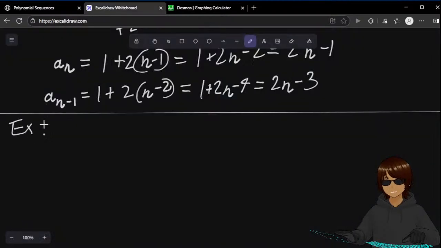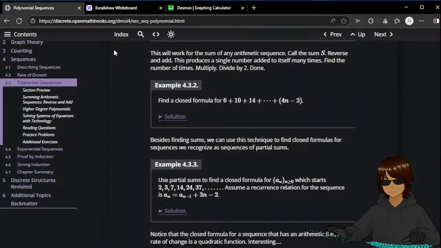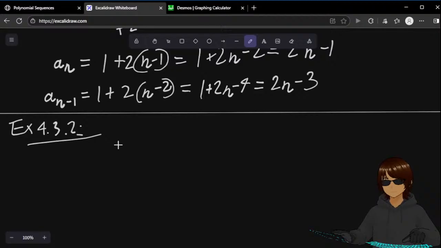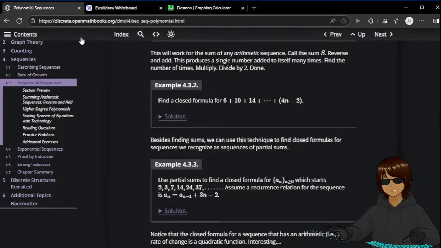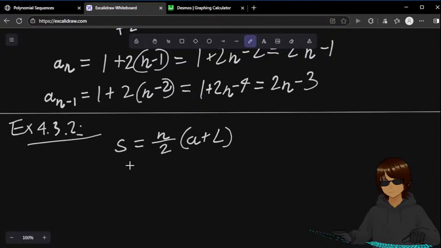Example 4.3.2. 6, 10, 14, and then this. So the sum is n over 2, first and last, but we don't know n. We don't know what this is. They're asking us to find the formula. So 4n minus 2.